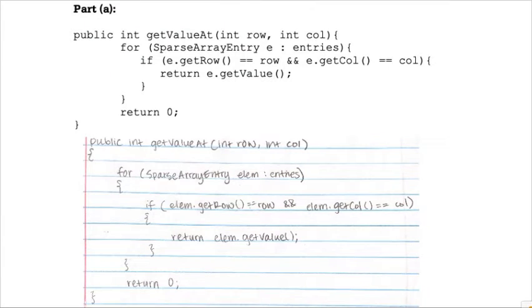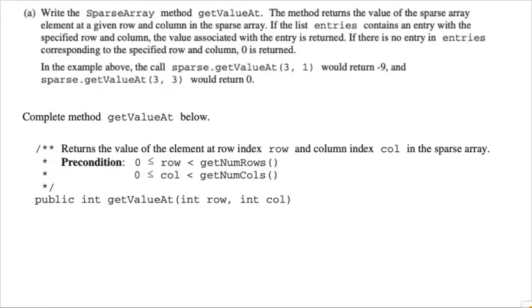So first I did a for each loop which would go through each SparseArrayEntry, because it says here that it's a list of the SparseArrayEntry.